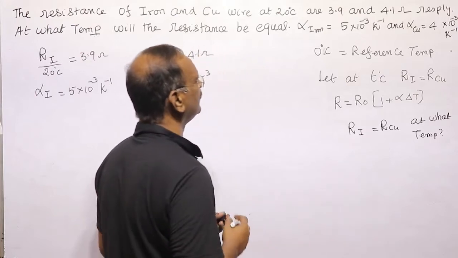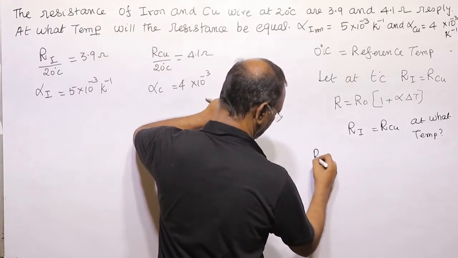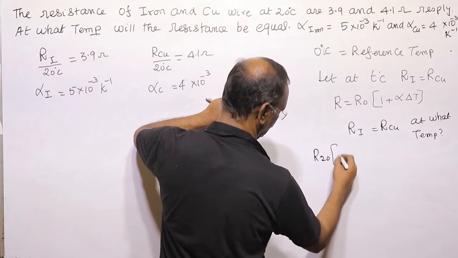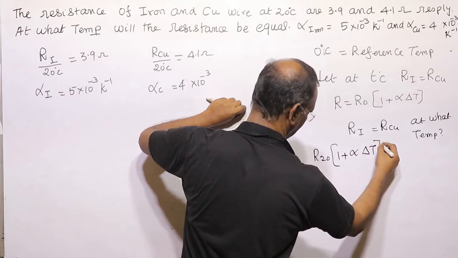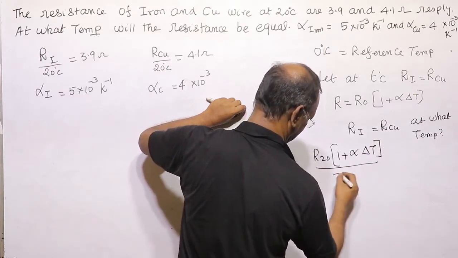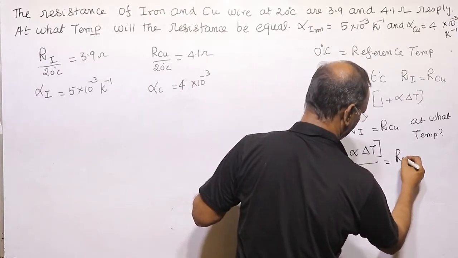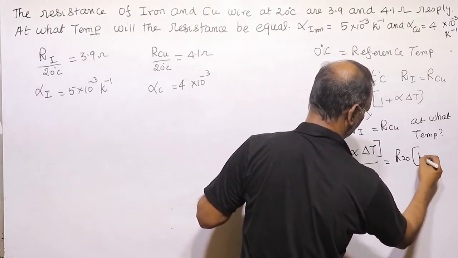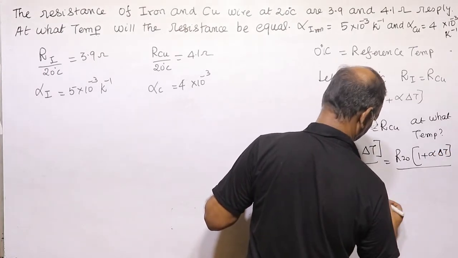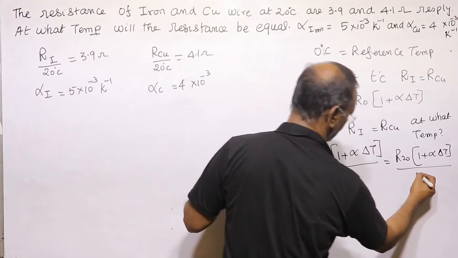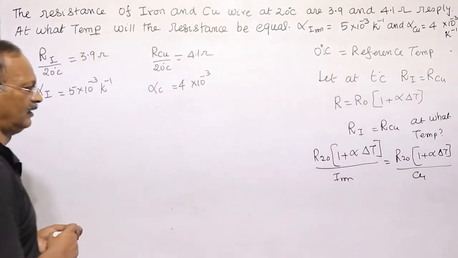We can write it as R at 20 into 1 plus alpha into delta T for iron, is equal to R at 20 into 1 plus alpha into delta T for copper. This expression is for iron, this expression is for copper.